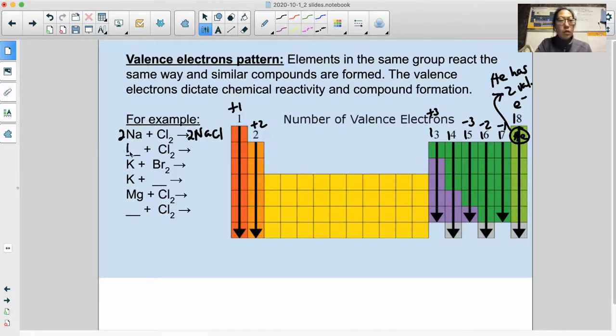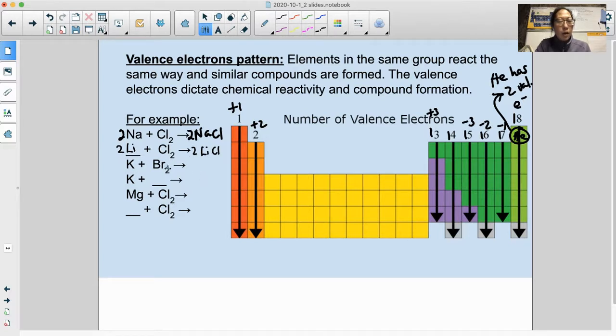So here we go, lithium. Lithium plus chlorine, similar reactivity. It will form LiCl because Li also forms a +1 cation. And then the reaction will be balanced the same way. They will react in the same proportion.